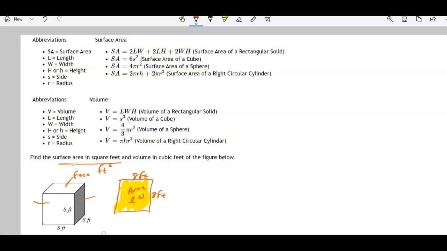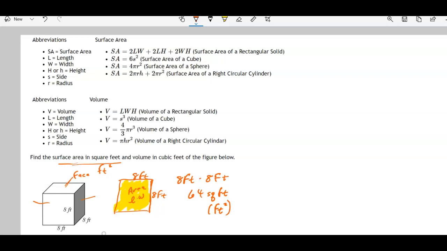In that case, the area of one of those faces is 8 feet times 8 feet. Again, I'll emphasize that feet is a one-dimensional measurement, just a length or a distance. When we multiply 8 feet by 8 feet, that becomes 64 square feet, or you could abbreviate it with ft with an exponent of 2, which we still say square feet.